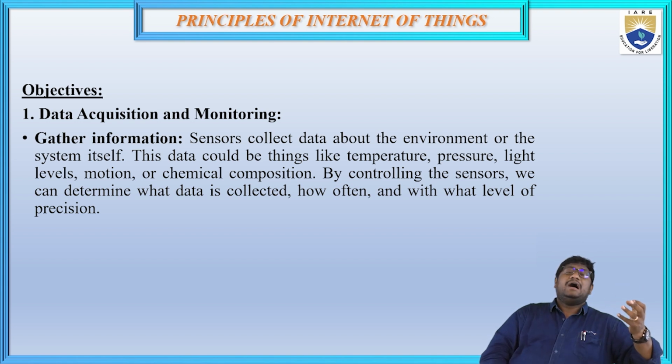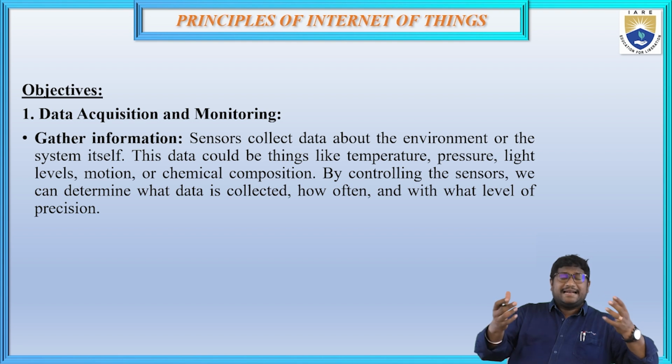From these we extract a huge amount of data, and after performing analysis on it, we make decisions based on that data. For that purpose, data acquisition and monitoring play a major role.